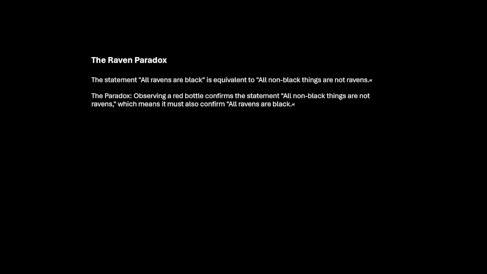Each black raven observed removes one possible way the hypothesis could be false. But the paradox is, imagine you're in a room with no ravens and you see a red bottle. Well, that's not a raven, and it's not a black raven, it's not black. Logically, that's still evidence for the same theory, which is weird.